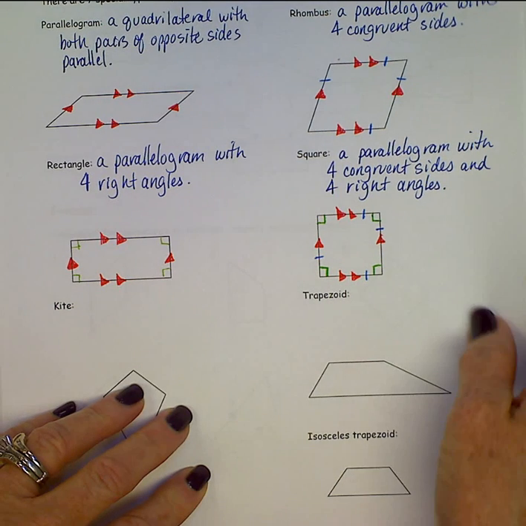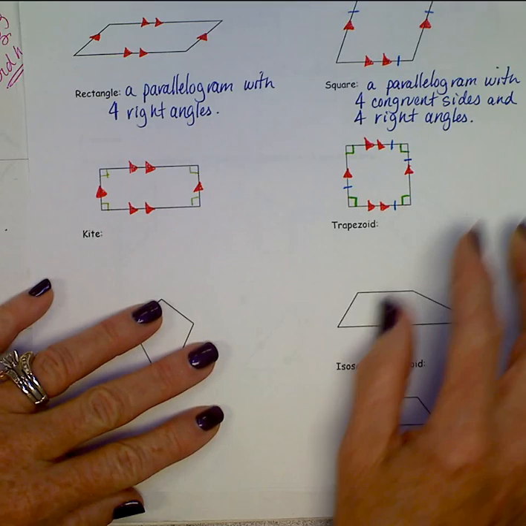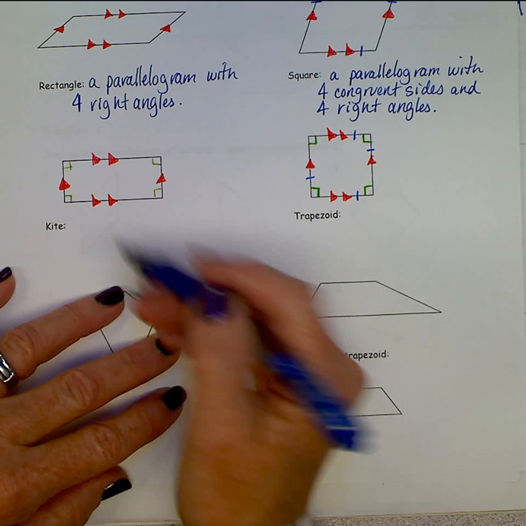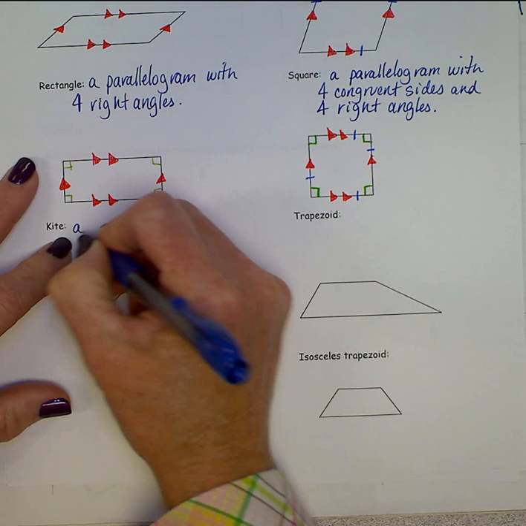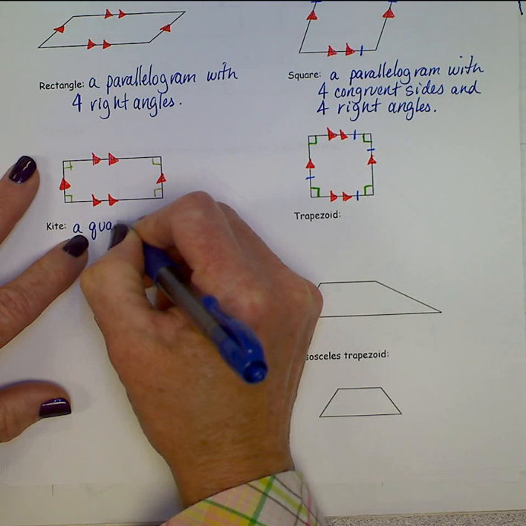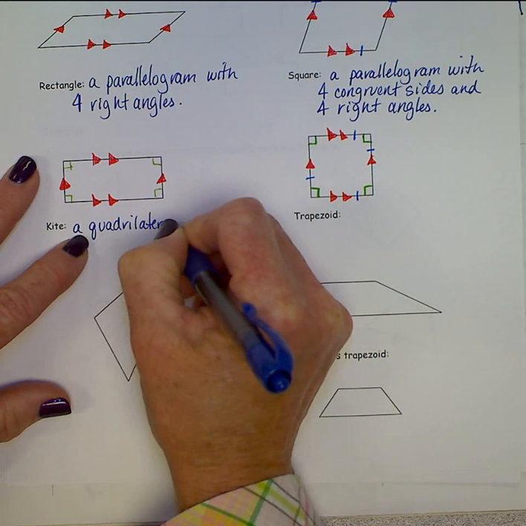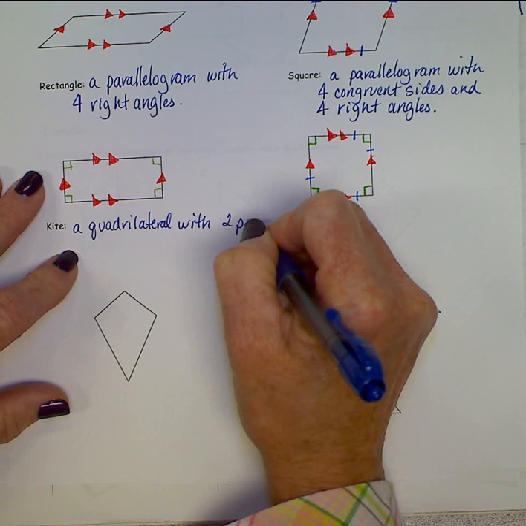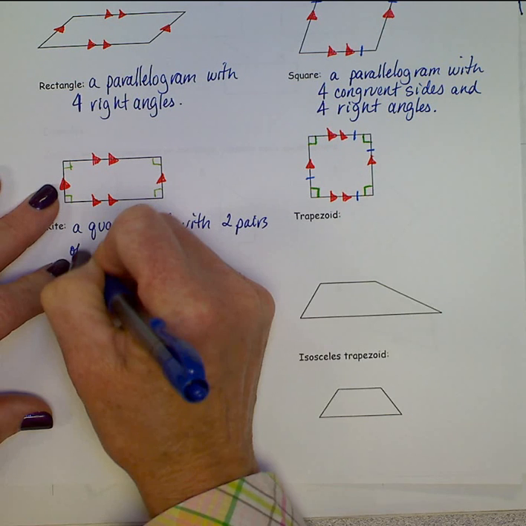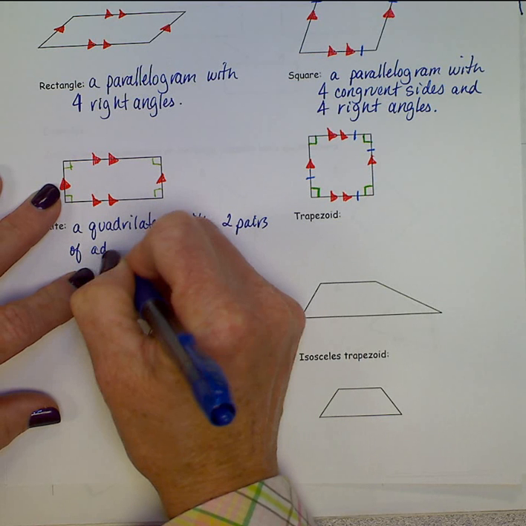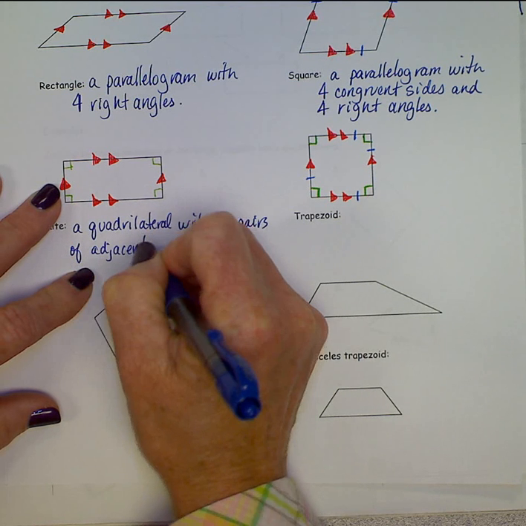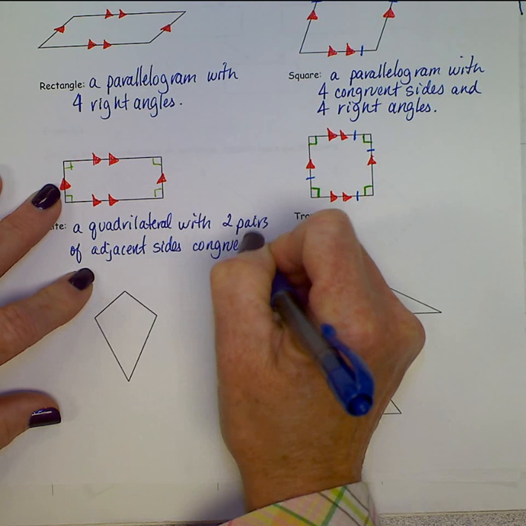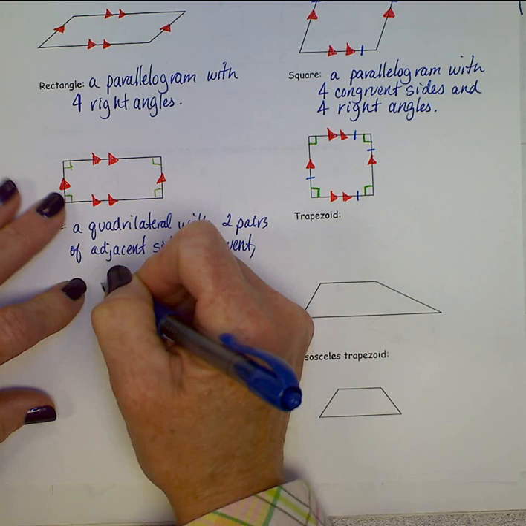A kite. Okay, now we're out of the parallelograms, and a kite is a quadrilateral, so four sides, with two pairs of adjacent sides congruent, but opposite sides are not congruent.